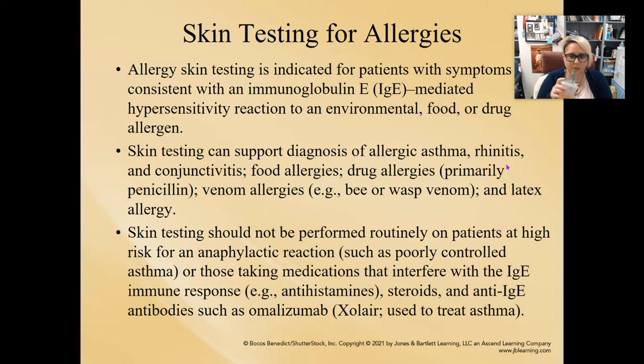There are also skin tests for allergies, for those IgEs that are also hypersensitivity reactions to environmental, food, or allergens. It helps you know for allergic asthma, rhinitis, or conjunctivitis, food allergies, drug allergies such as penicillin, venom allergies, bee or wasp stings, which is good.